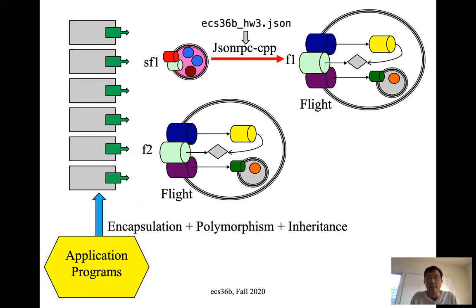And it might have some extra things. So usually an object instantiated from the derived class has a bigger memory footprint. Okay, but at this moment, let's not worry about memory footprint. Let's just worry about the role of the object.